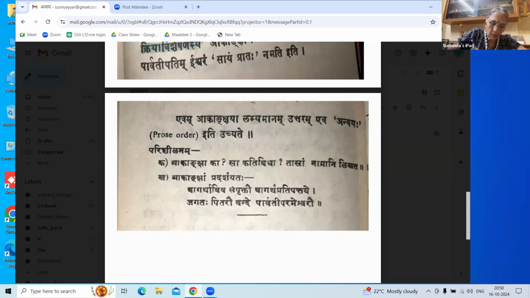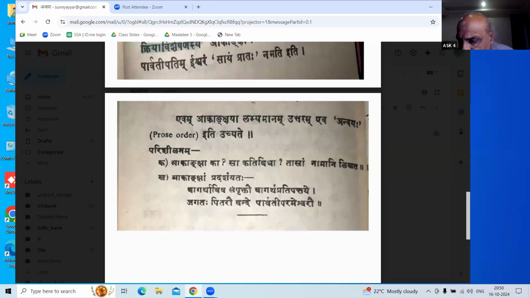Raghunathaya, Nathaya, Sitaya, Pataye, Namaha.